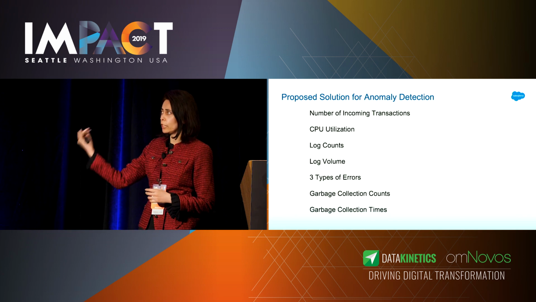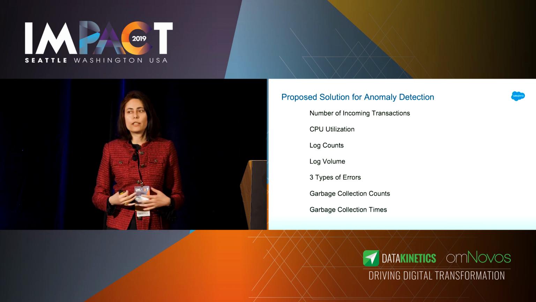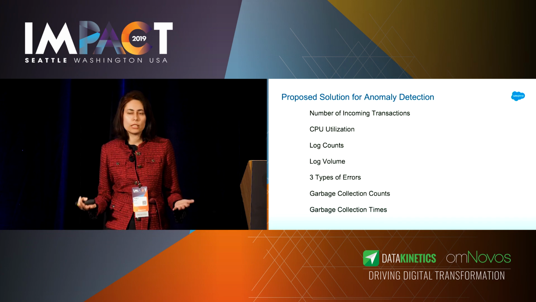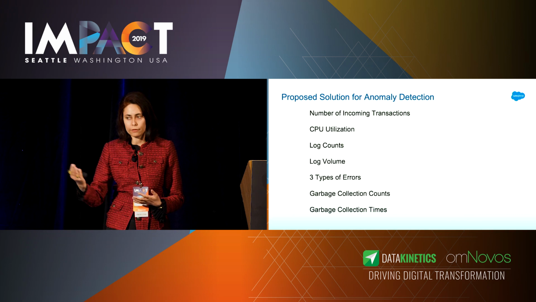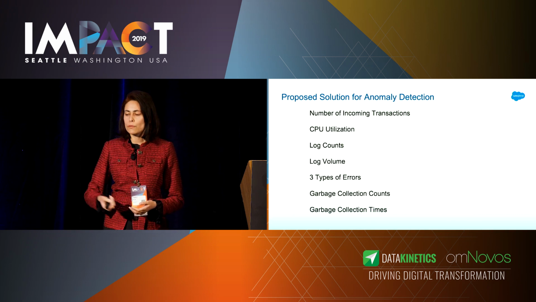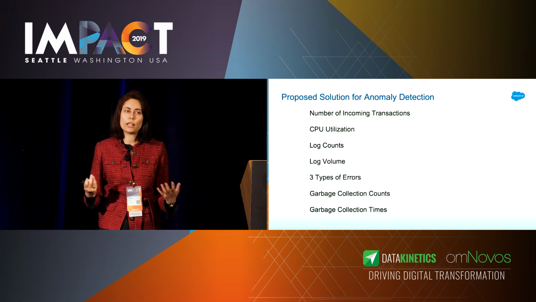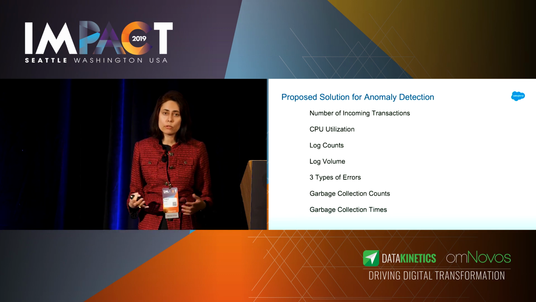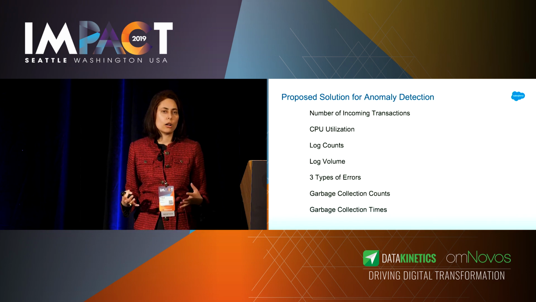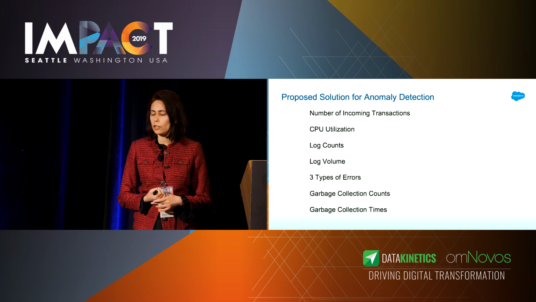The load profile of the incoming transactions, very important. Anything and everything that happens on the server is actually triggered by incoming transactions, so we definitely want to keep track of that. We've got a couple of garbage collection metrics here that are actually indicators of my JVM health. All of our systems are Java-based systems, so for us, an important metric to look at.